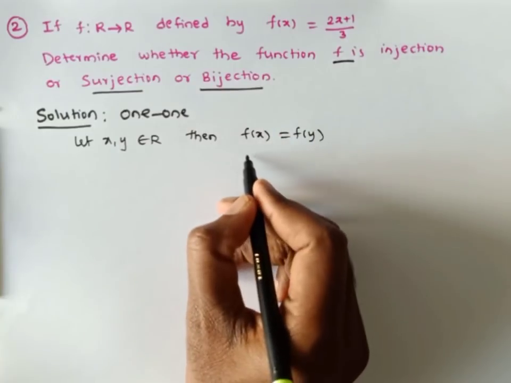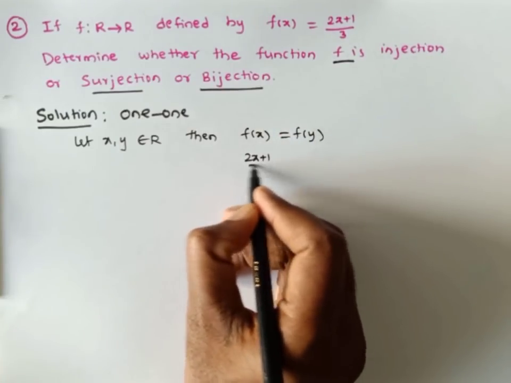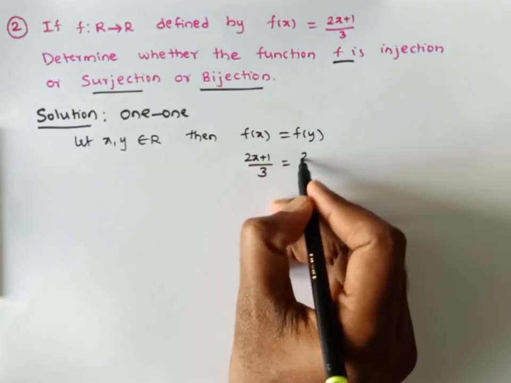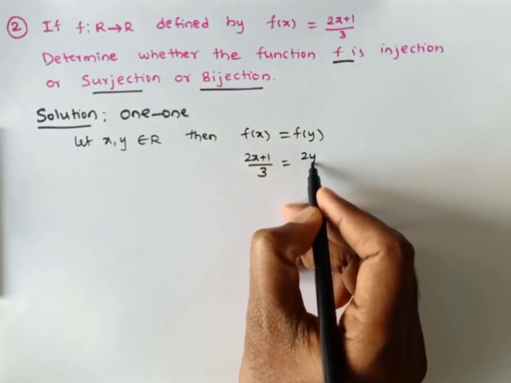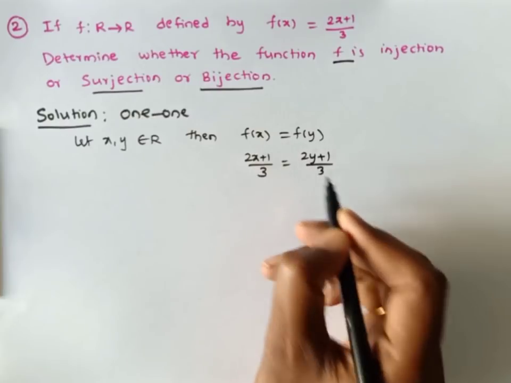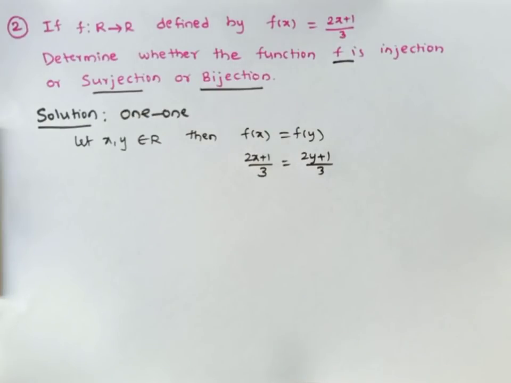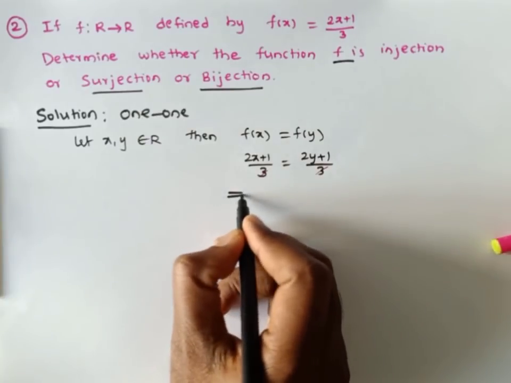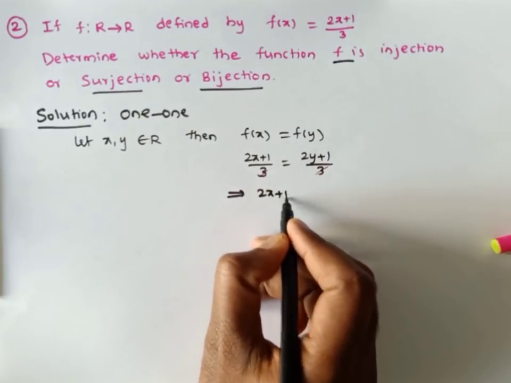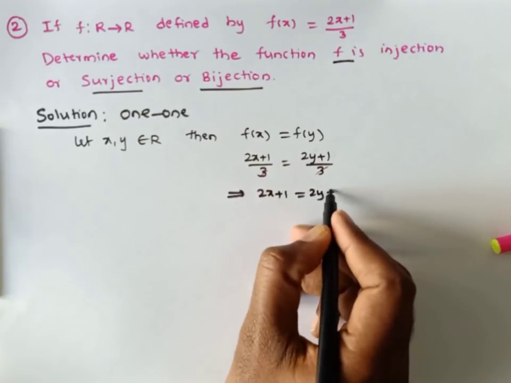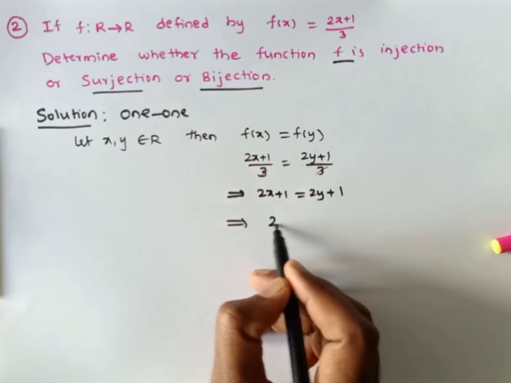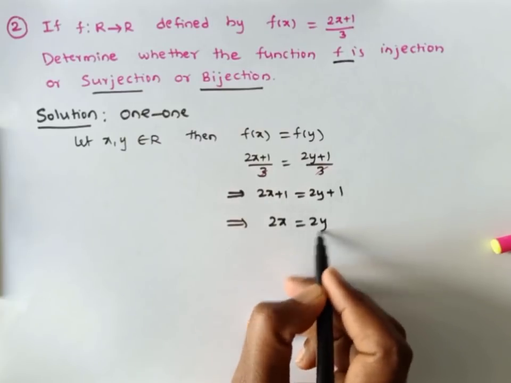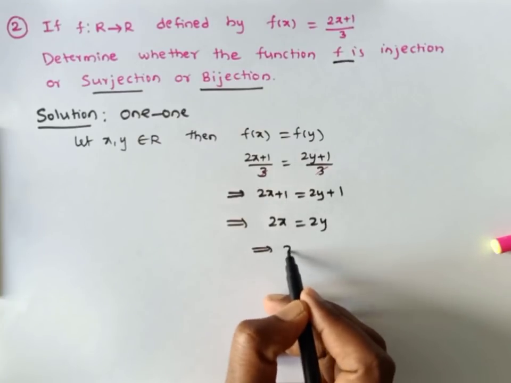So f of x means 2x plus 1 by 3 equals f of y, by replacing x by y, we get 2y plus 1 by 3. Now 3 are constants on both sides, so it will get cancelled. Then this implies 2x plus 1 equals 2y plus 1. Then on both sides 1 also gets cancelled, therefore 2x equals 2y. Then this implies x equals y.